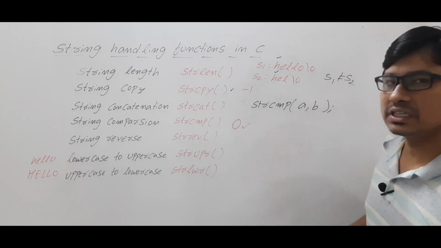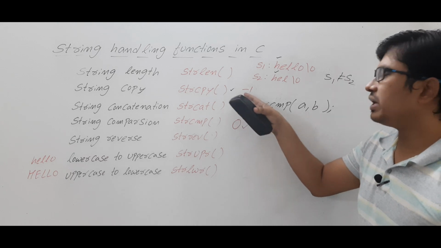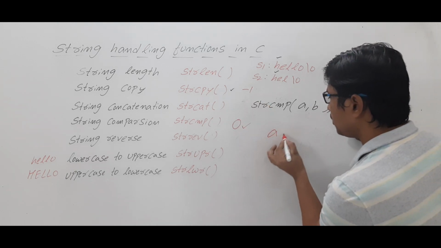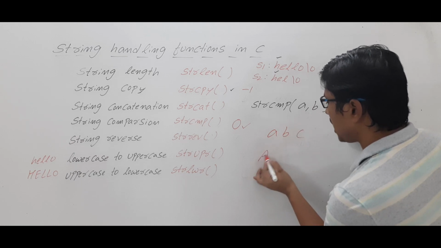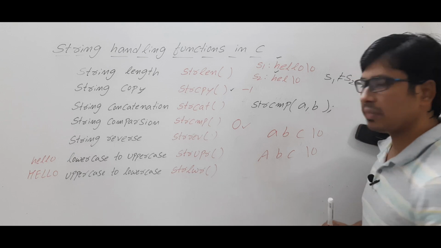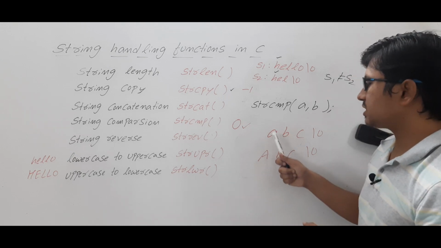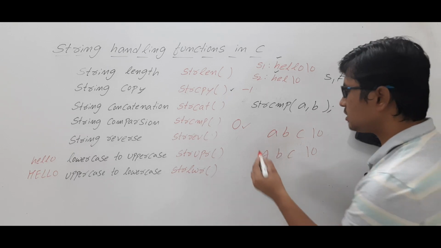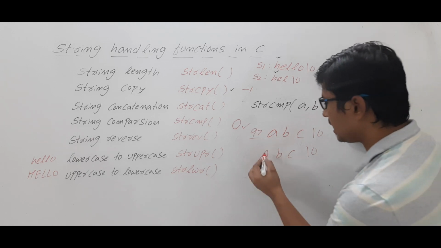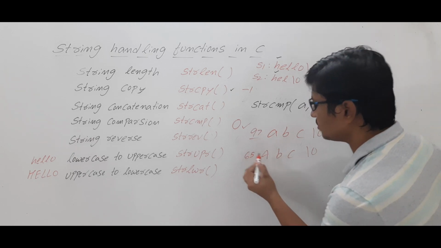So we have discussed when it will return 0 and when it will return minus 1. Now let me discuss, you have capital A, small b, small c, and each one ends with a backslash 0. Now this is your string 1, this is your string 2. Just now we have discussed that the ASCII value of this one is 97 and the ASCII value of capital A is 65.